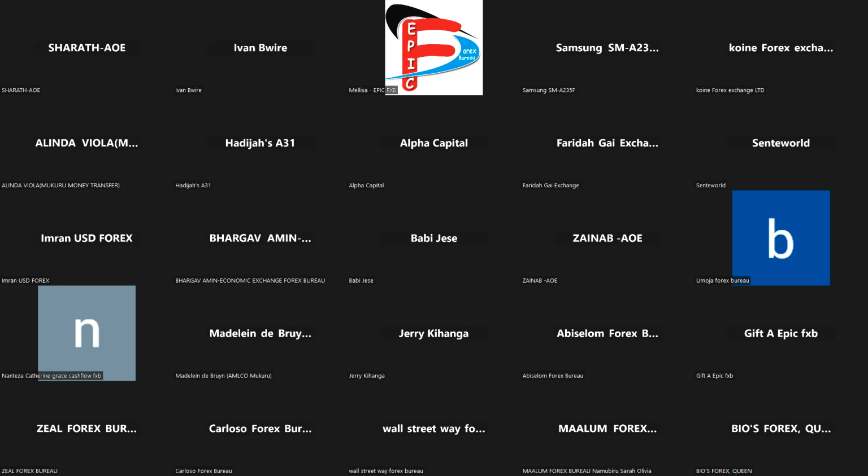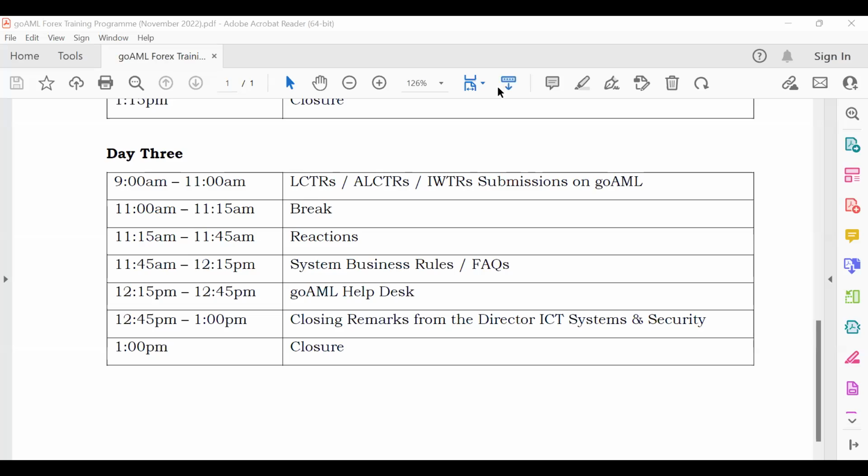I think we're left with one practical session, and then we move on to a few discussions. Yes, so we're done with the large cash. Aggregated is similar to large cash, but here we're talking about transactions that are structured.